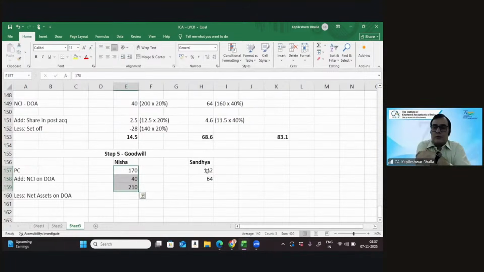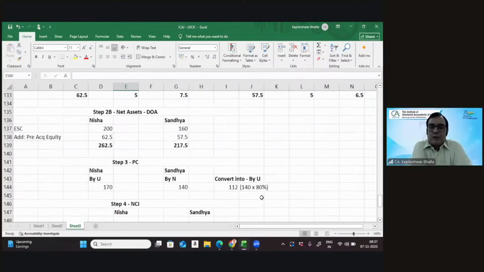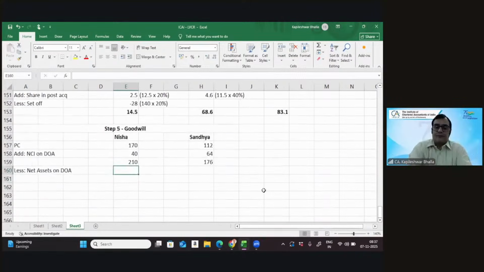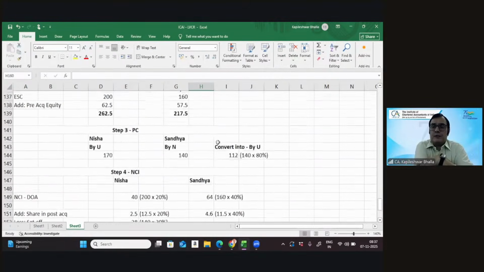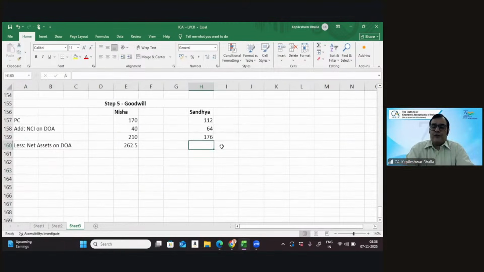This is 210. We can get this total. This is 176. And net assets on the date of acquisition, step number 2B, 262.5. And this is 217.5. So let me put this in brackets as well, 262.5.